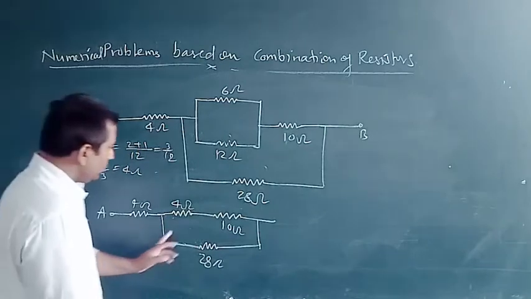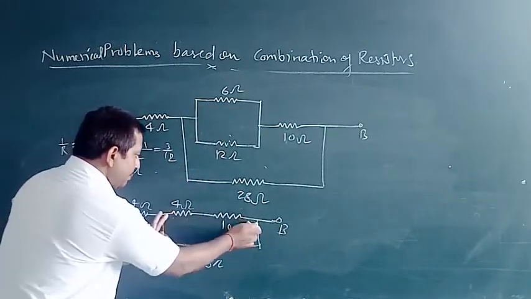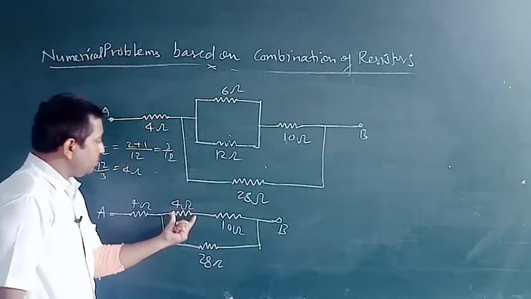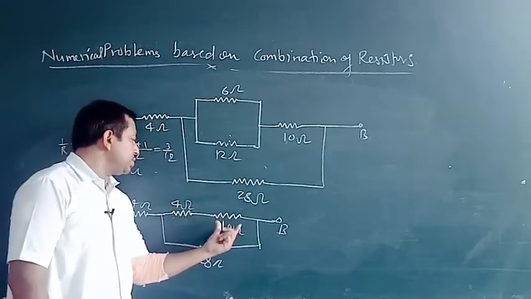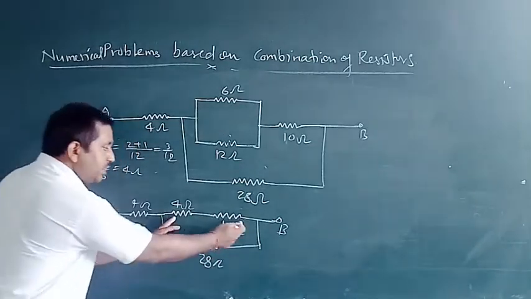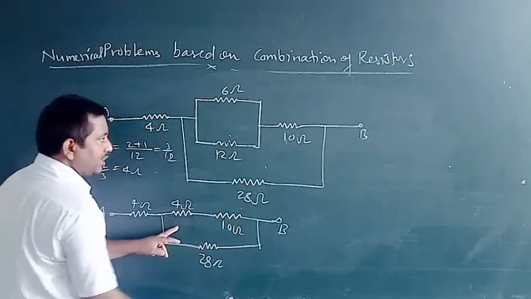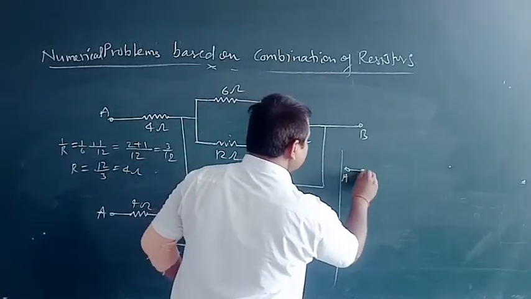So what will be the value of the series combination of these two resistors? This becomes 4 ohm, and this one is 10 ohm, so the series combination becomes 10 and 4, that is 14 ohm. So if we replace these two resistors by a single resistor, we get a simplified circuit like this.